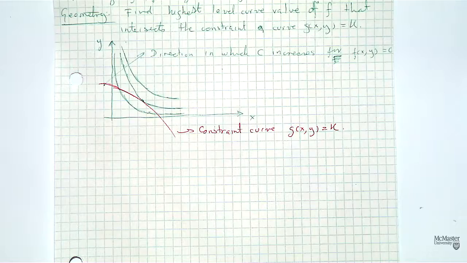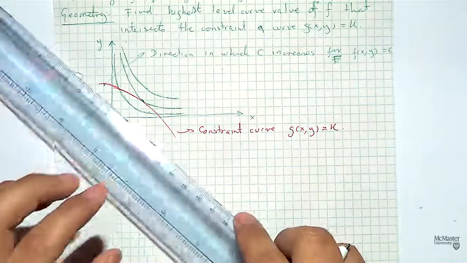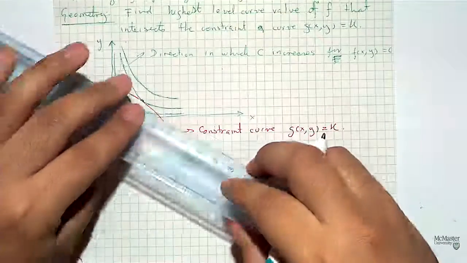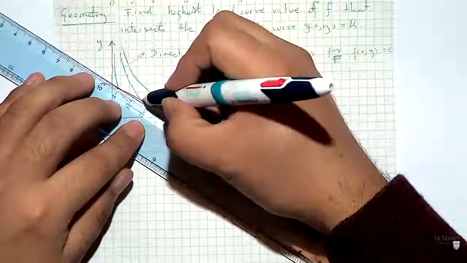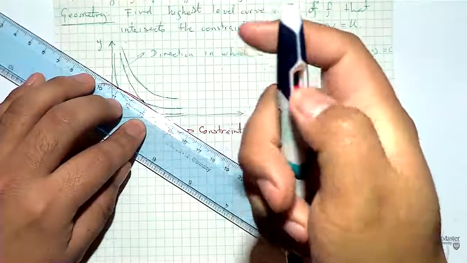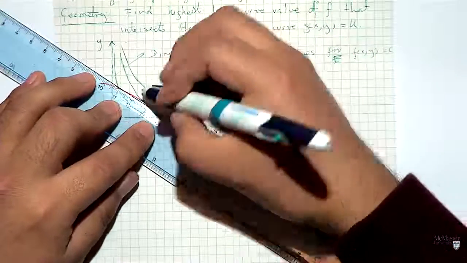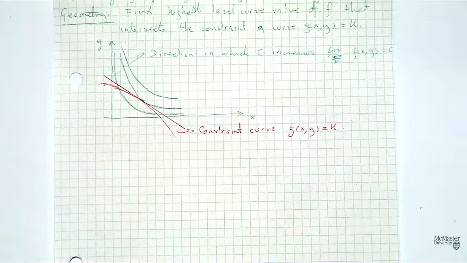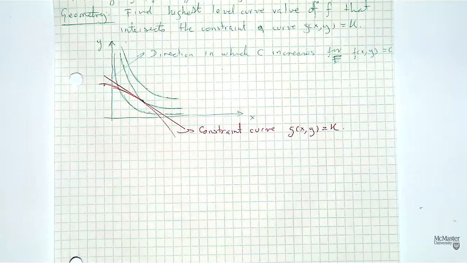Since they are tangent to each other, they would also have, I will use the red color for this, the same slope. Is that intuitively clear? You see why? The curves are kissing each other. Since they're touching, they're tangent, so they share a common tangent line, which means that they have the same slope.